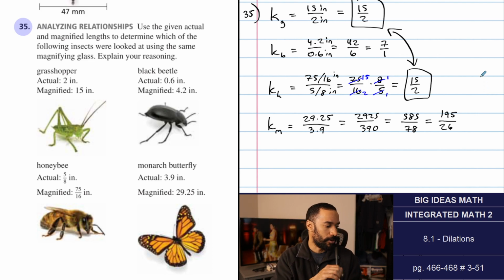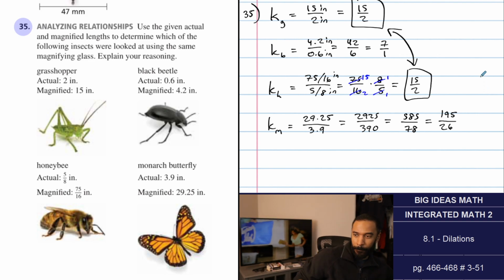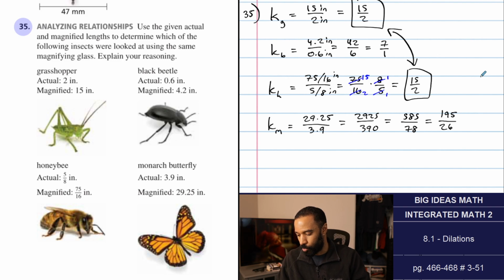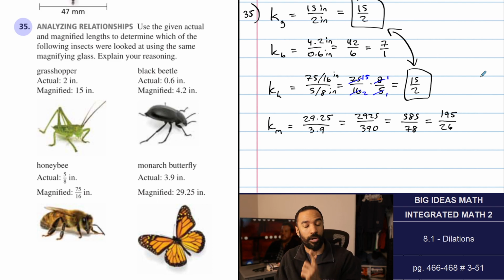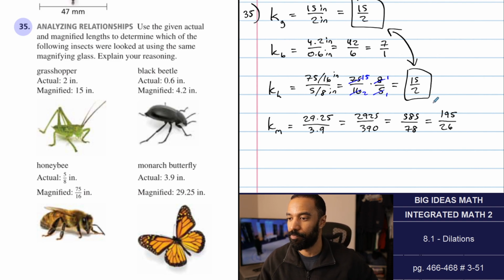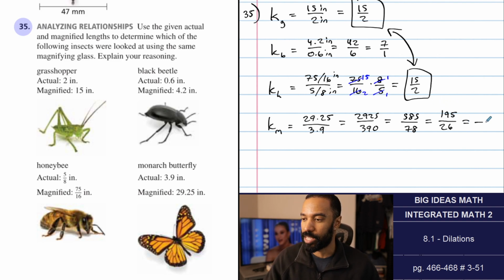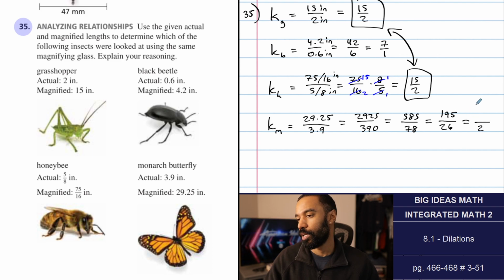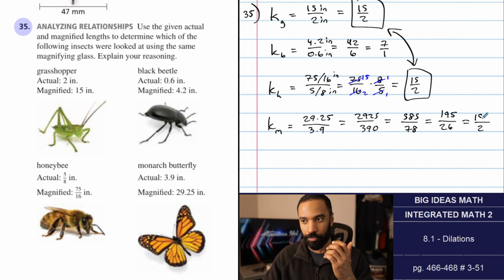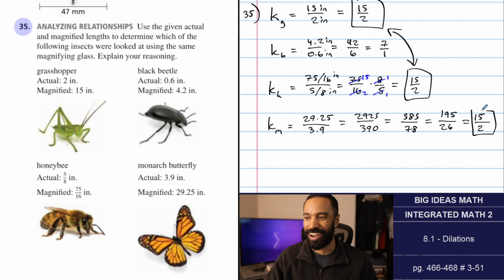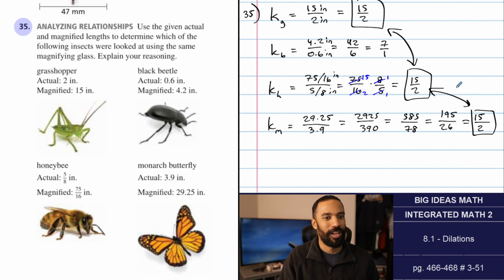And there's that one. I want to see if that's actually correct. I doubt I can reduce it more because 26. Oh, 13. Hold on. Let's divide these by 13. 26 is 2. And 195 is 15. So 15 over 2. You know what? I trust it. 15 over 2.